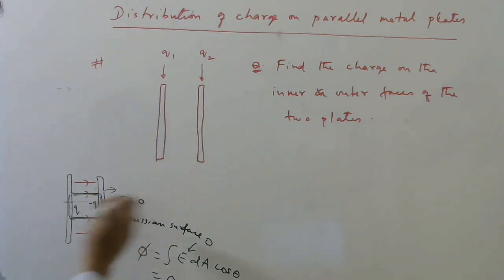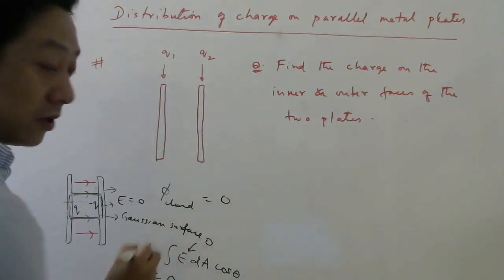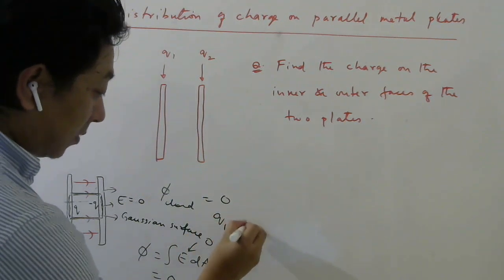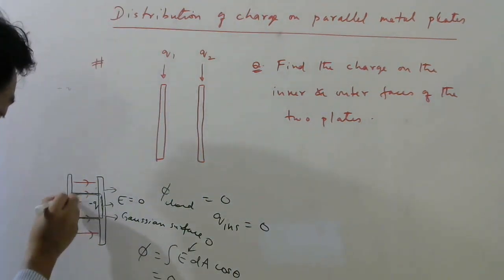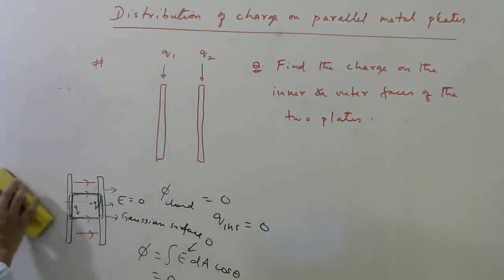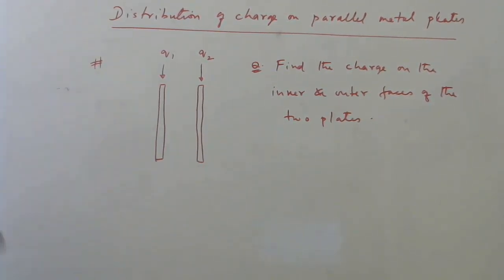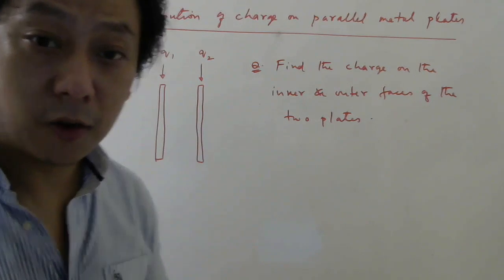So total flux through this closed surface must be 0. That means charge inside must be 0. That means if one side has plus q charge, other side must have minus q charge. Compulsory. Okay, students? So keep that in mind, that inner faces will always have equal and opposite charge.